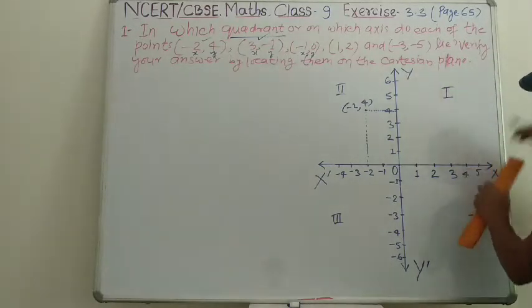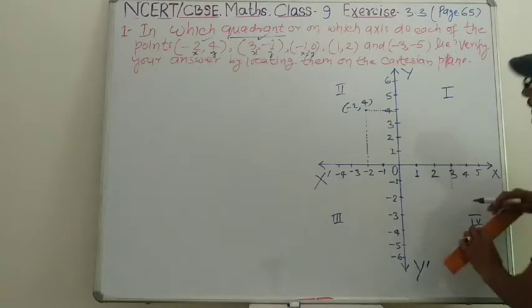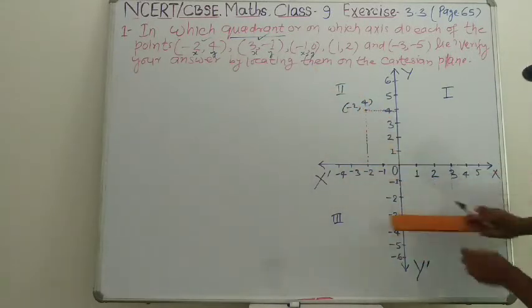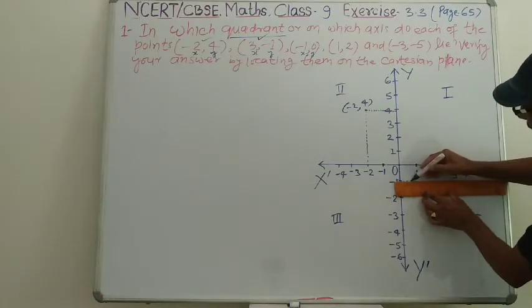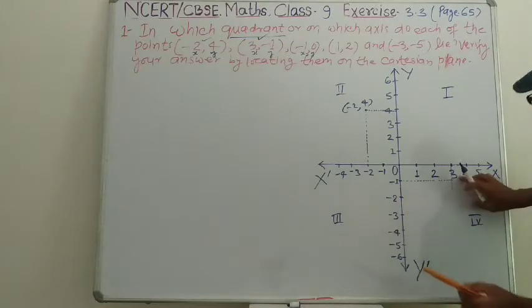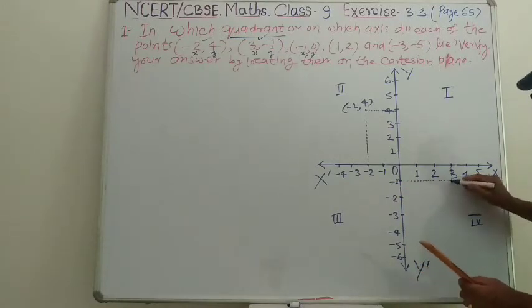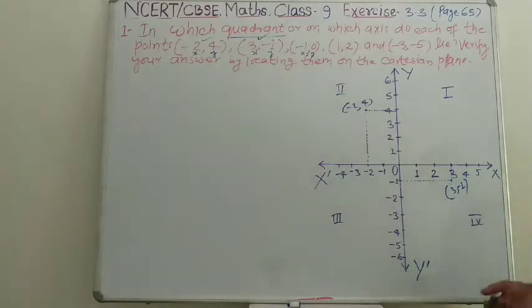So 3, minus 1, minus 1 is here. A very easy technique to put the points. So here we write: the point has x equal to 3 and y equal to minus 1. So it is in the fourth quadrant.